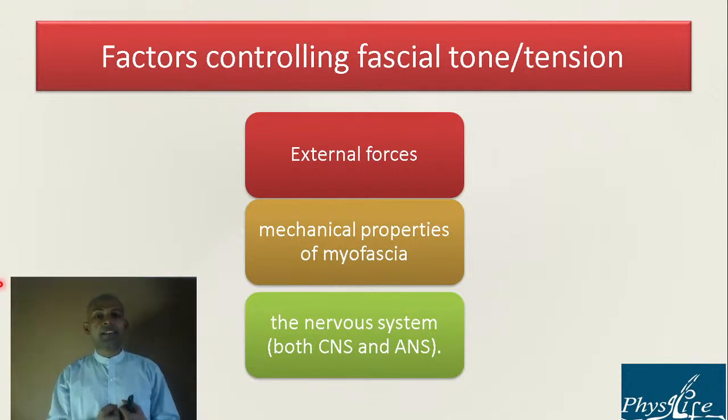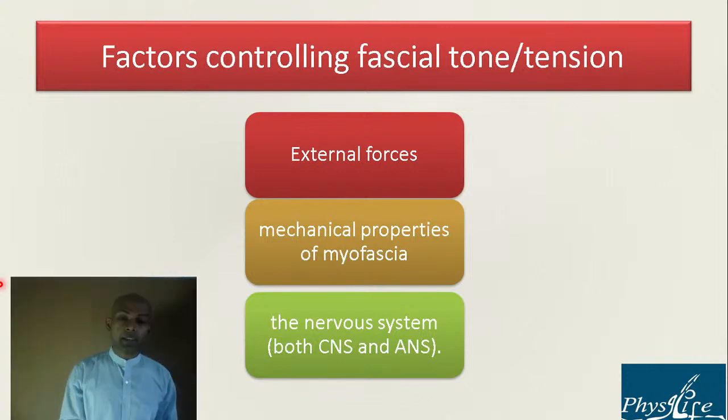Mechanical properties means its flexibility, its stretchability, all the viscoelastic properties, but it also means the amount of muscle protein the myofascia has, the amount of tensile strength that the myofascia has. That is the mechanical property.